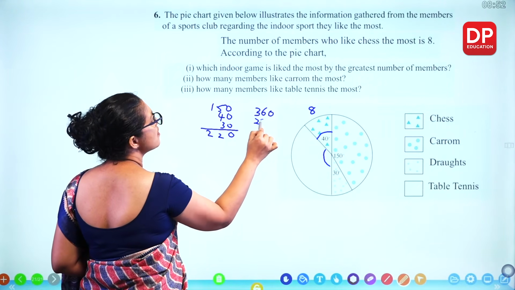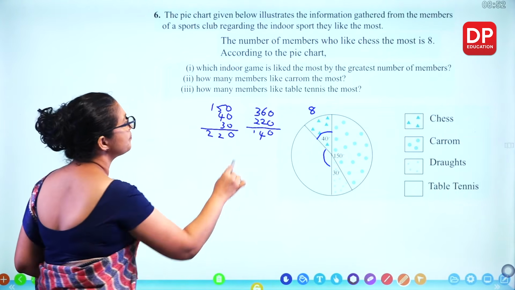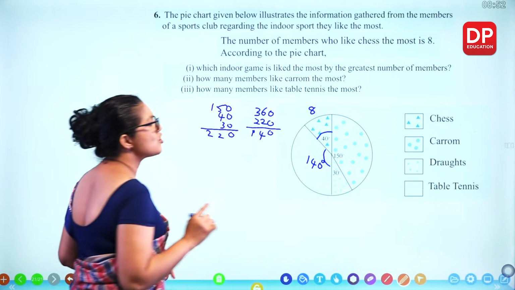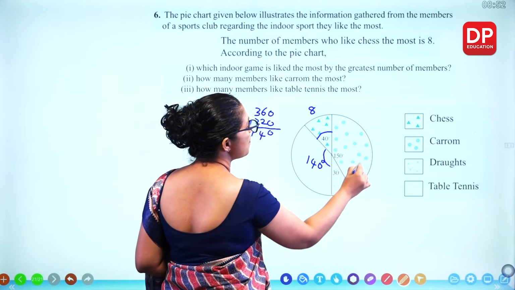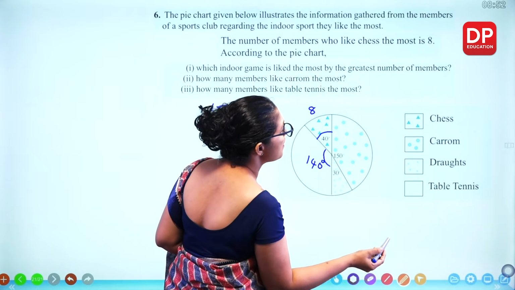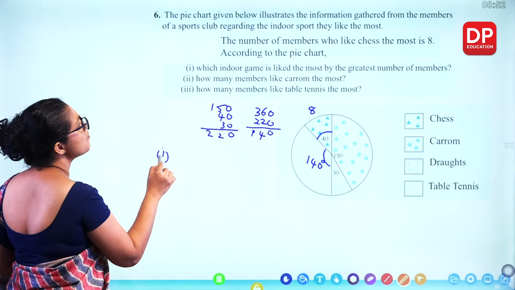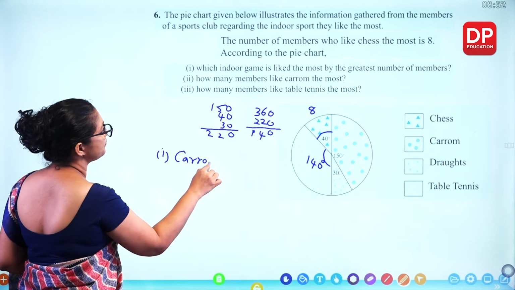Subtract from 360, what do you get? 140. So this angle is 140. So which one is the most? This part, 150 degrees. That means carom. So what's the answer for the first part? Which indoor game? That's carom.